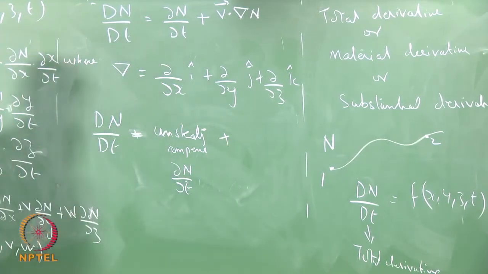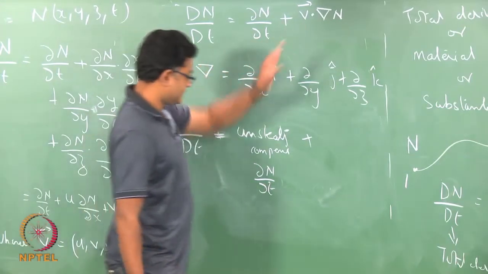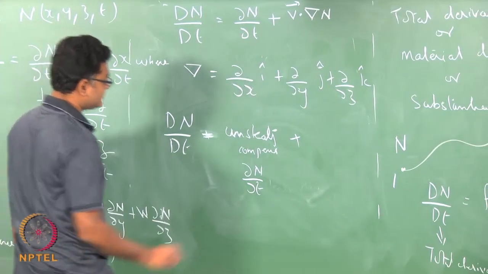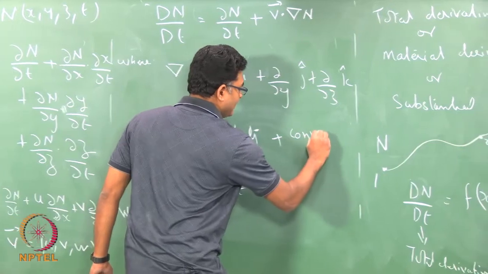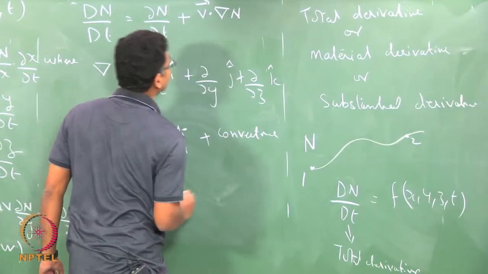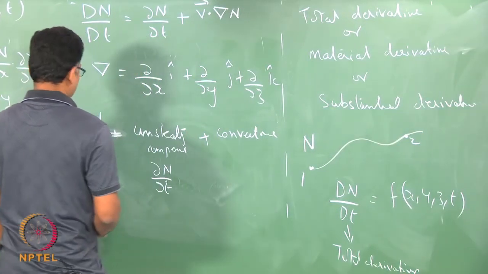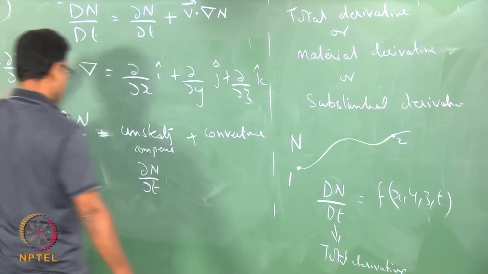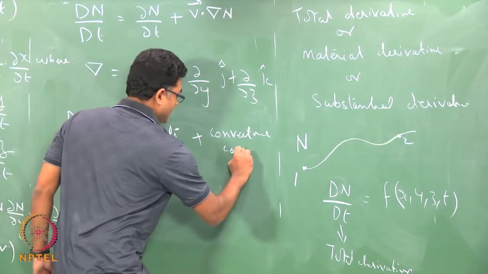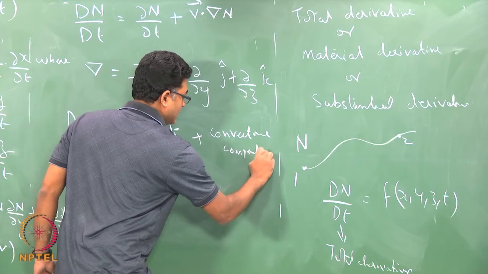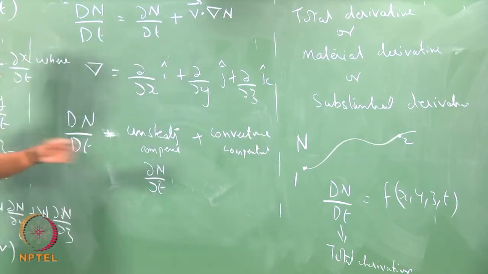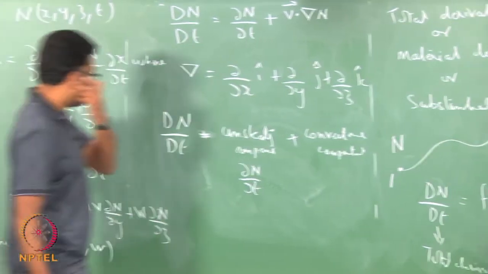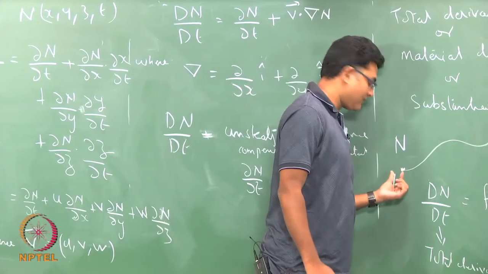Second, the second term on the right hand side is something called a convective component, or convective change of n due to the convection of the particle.